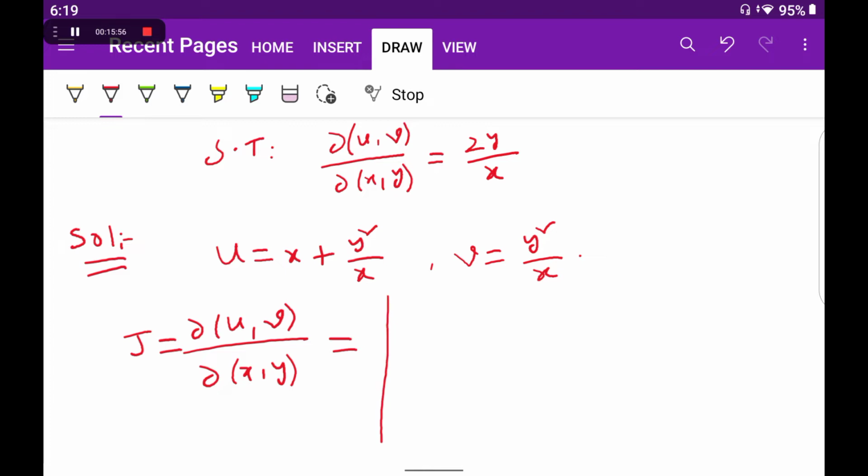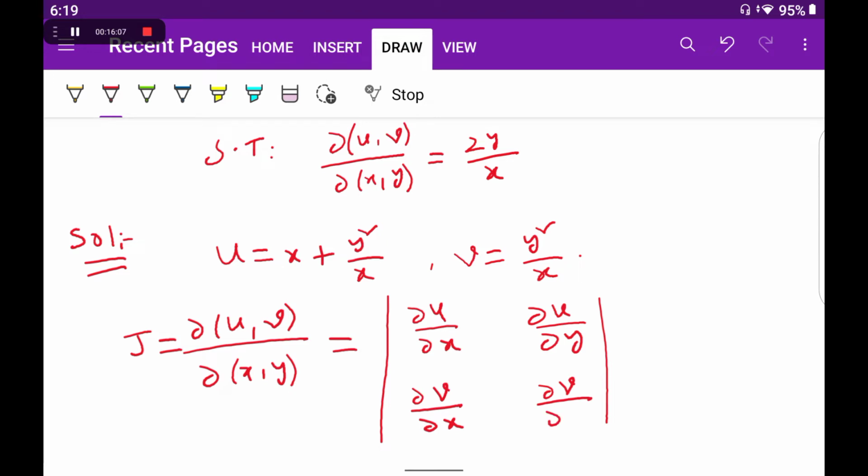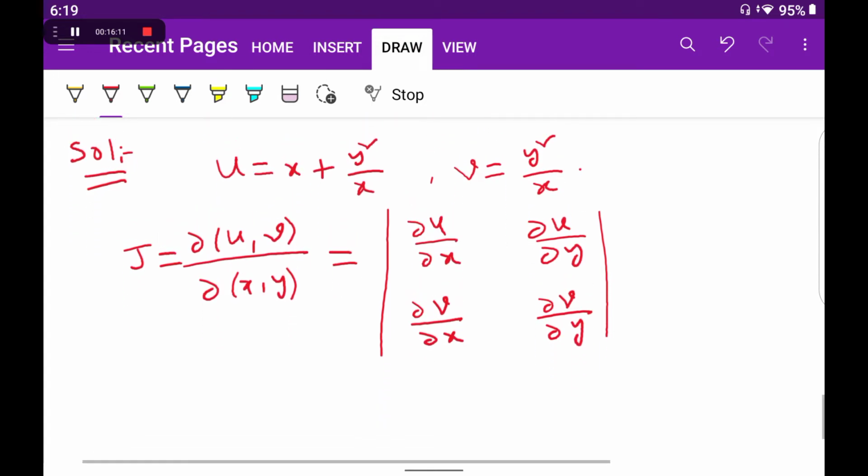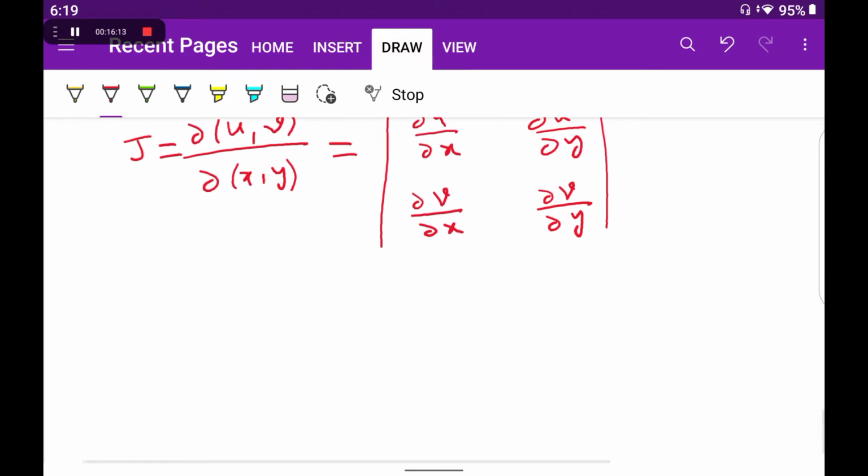This is a determinant: dou u by dou x, dou u by dou y, dou v by dou x, dou v by dou y. So we have to find out all this. What is u? u is x plus y square by x.